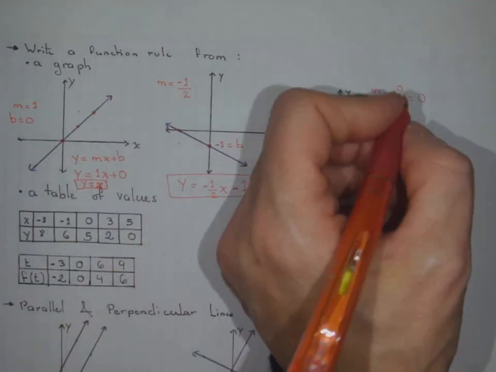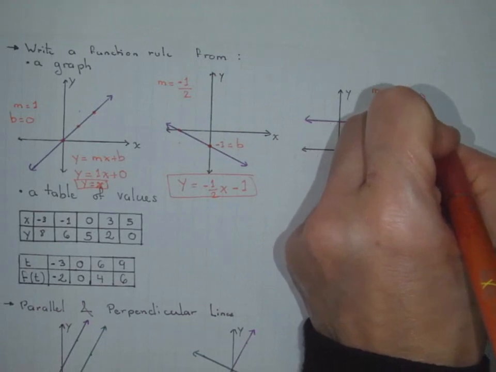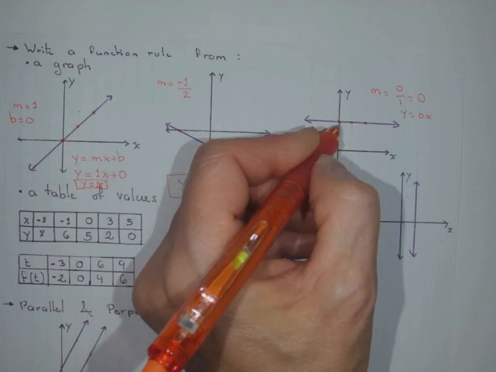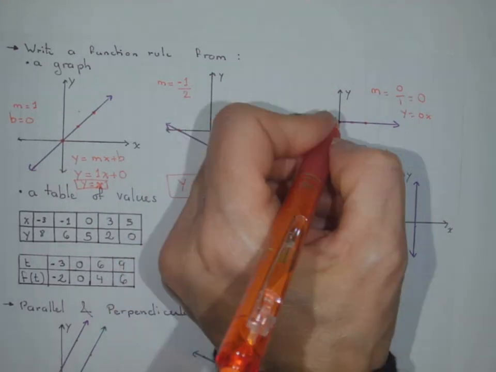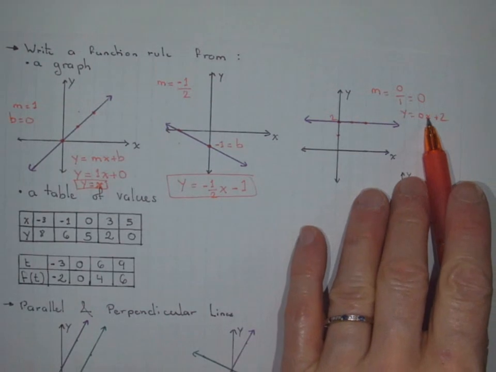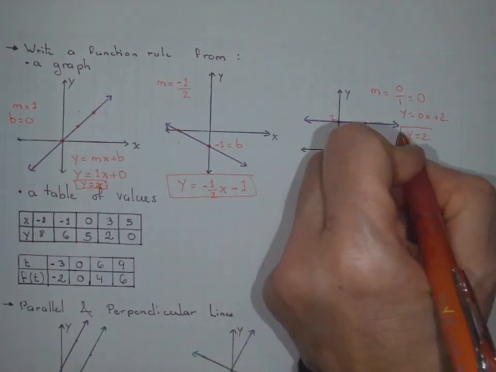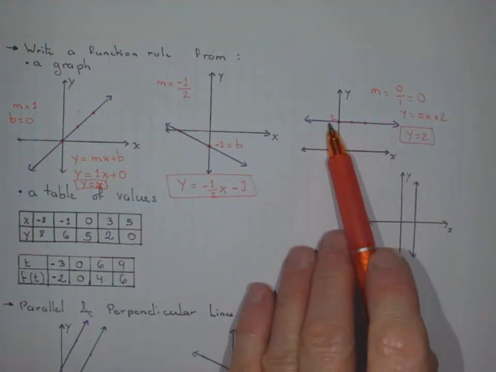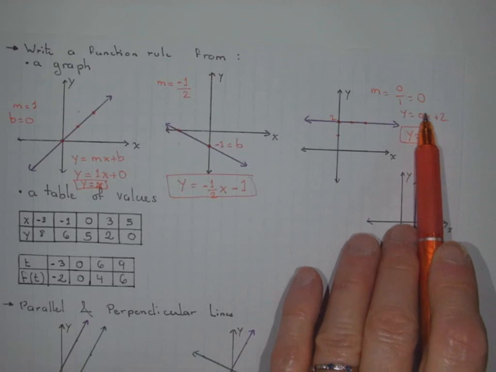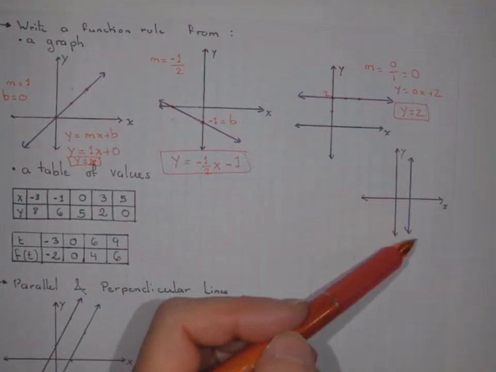Well, if that's a slope of 0, then if I want to write my equation, y is equal to 0x, and my y-intercept will be 2, right? So that will be plus 2. Well, 0 times anything is 0, so we can cancel that out and just write y equals 2. So remember, horizontal lines are just y equals a constant, a number, because the slope being 0 makes that x disappear, right?